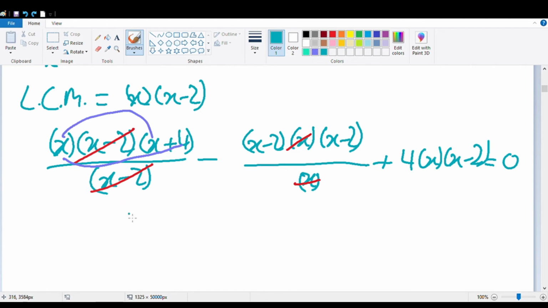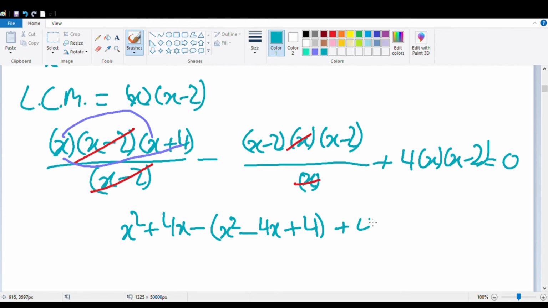So x squared plus 4x minus x minus 2 whole squared, which would be x squared minus 4x plus 4, plus 4 into x is x squared, and x into negative 2 is negative 2x. So we get x squared minus 2x.